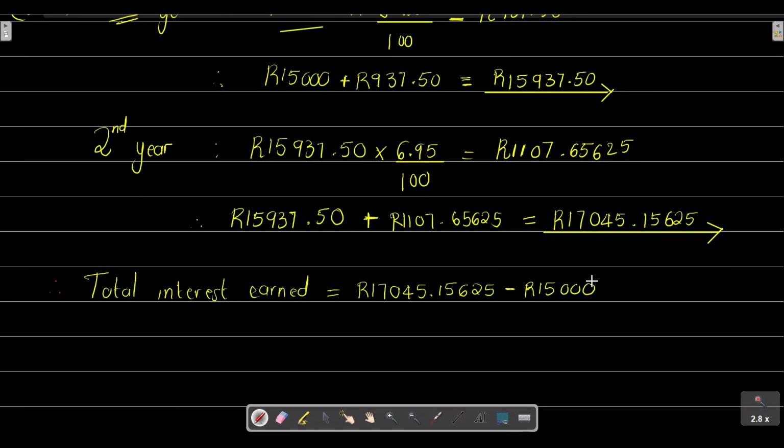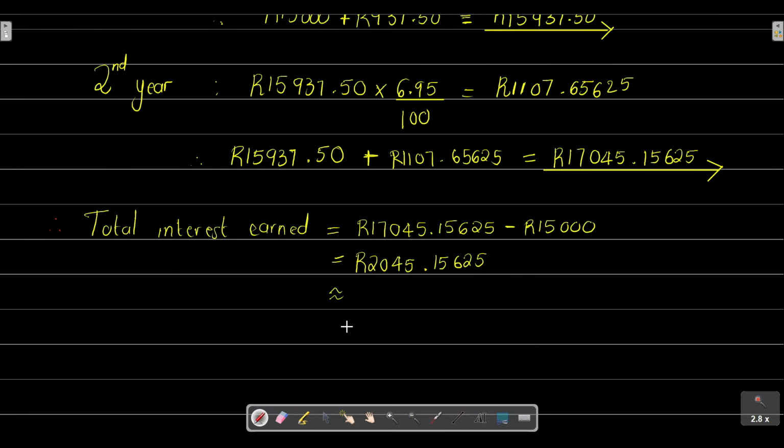If you punch this into your calculator, you'll get that he actually earned an interest of 2,045 rand 0.15625 cents. And now, because we're done with the question, we can round off our final answer to 2 decimal places.